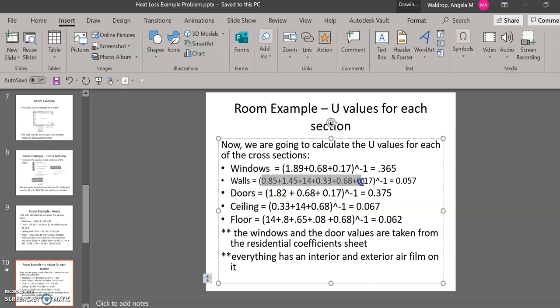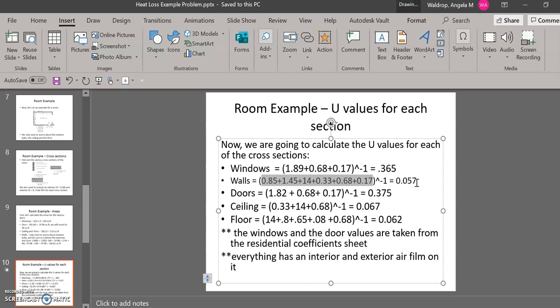So that's where we got that value from. Okay, the walls, all of these values came from the cross section except for the air films. So we go ahead and calculate that out, and we end up having 0.057. Then we have the doors, 1.82 and 0.68 and 0.17 for those values there.